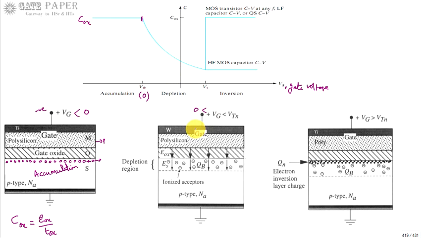As you are applying a small positive voltage, it cannot induce a channel. What it can do is attract only a small number of negative charges. The negative charges in a p-type substrate are electrons, the minority carriers, which are attracted towards the silicon dioxide layer. Let us assume the electrons move in this direction because of the small positive voltage.